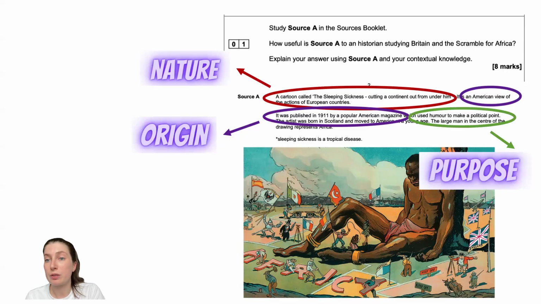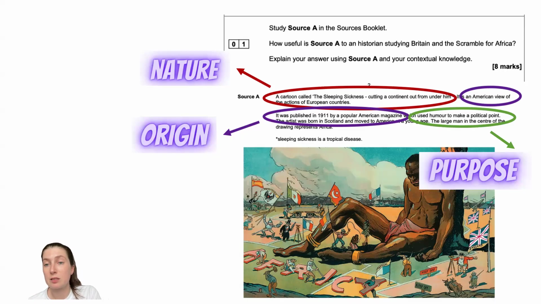And finally, purpose. So mostly cartoons are probably going to be trying to make either a very explicit, very obvious political point, or they're going to be funny, humorous, or what we would call satire. A satirical cartoon, satirical, satire, same definition, just different ways of using the word, is something to be funny.